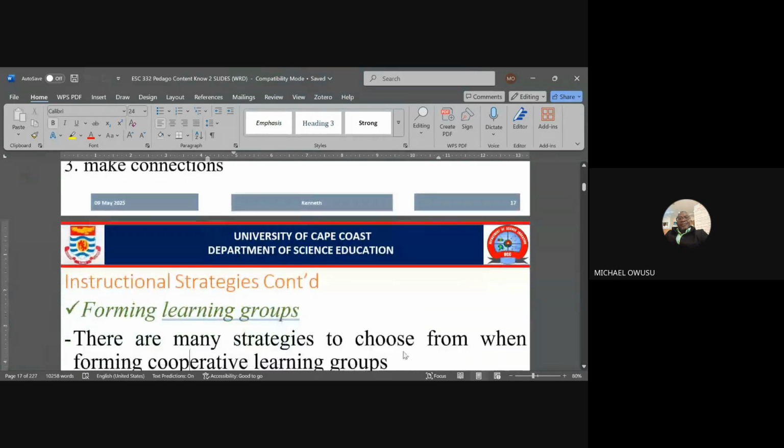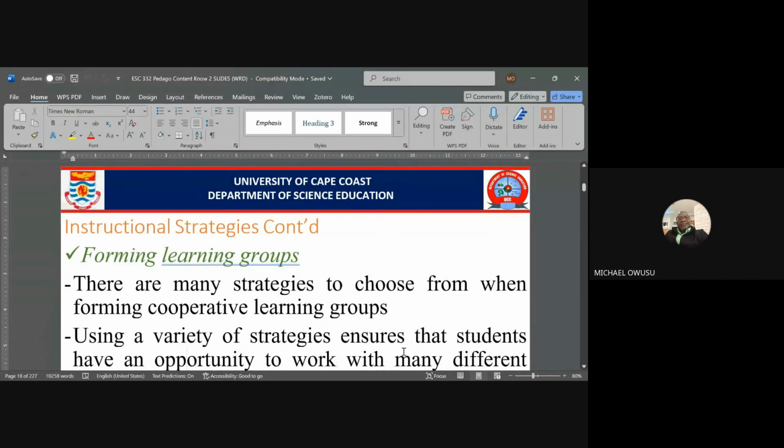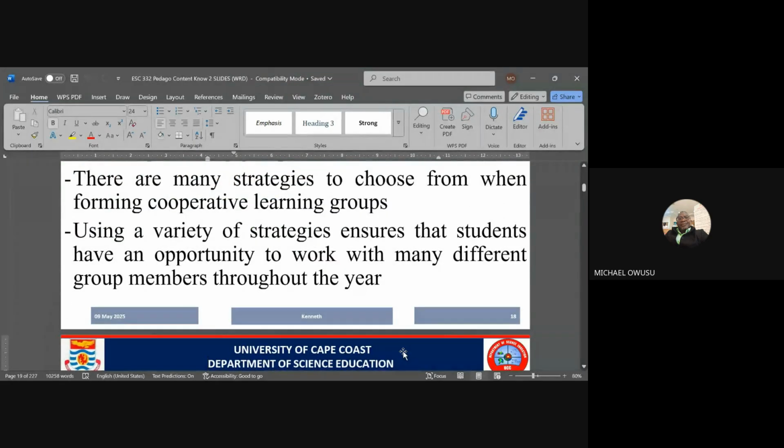When forming cooperative groups, there are many strategies to choose from. Using a variety of strategies ensures that students have opportunities to work with different group members throughout the year.